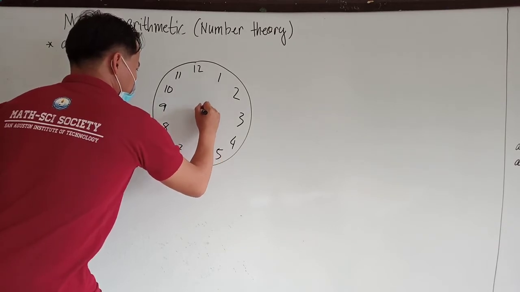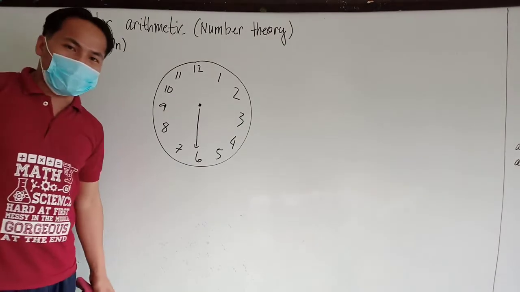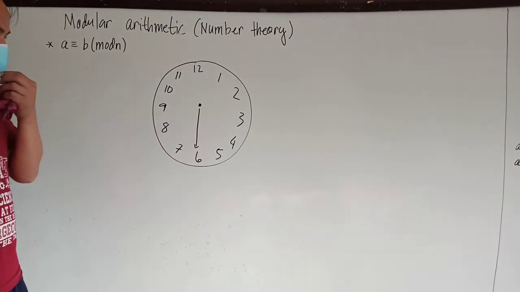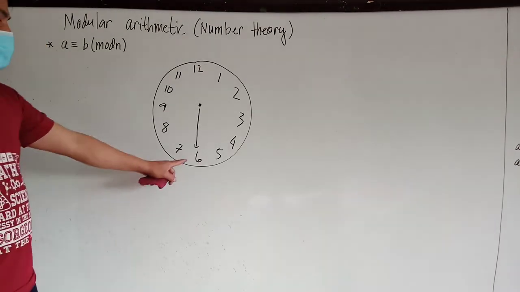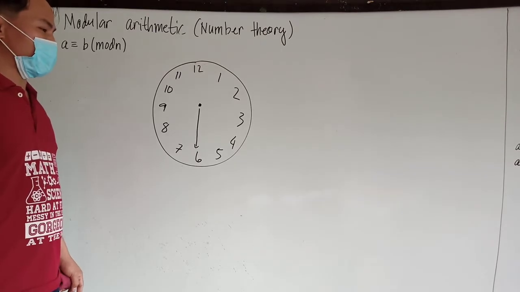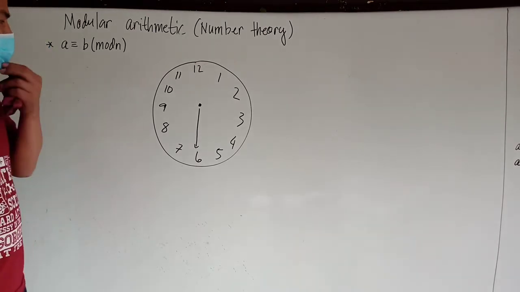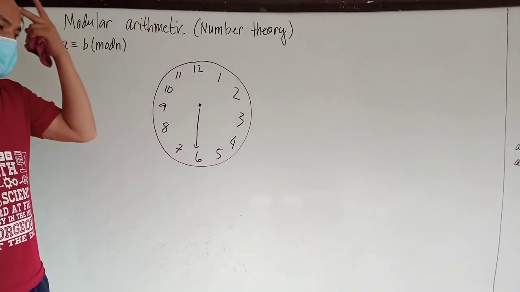Suppose at this time it is exactly 6 o'clock. So what will be the time 9 hours after 6 o'clock? How do we use modular arithmetic?